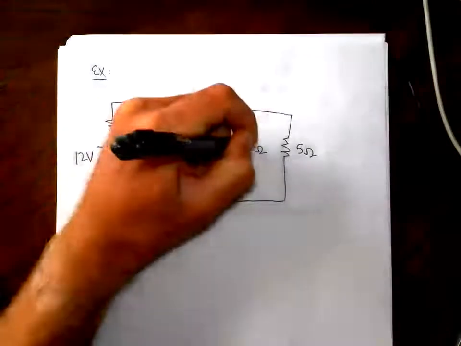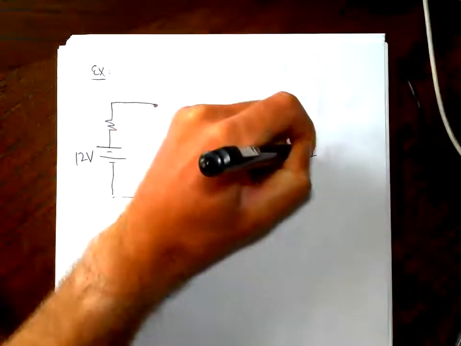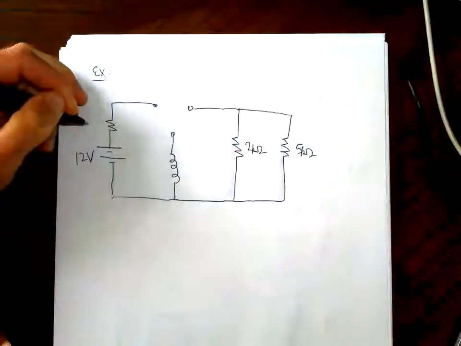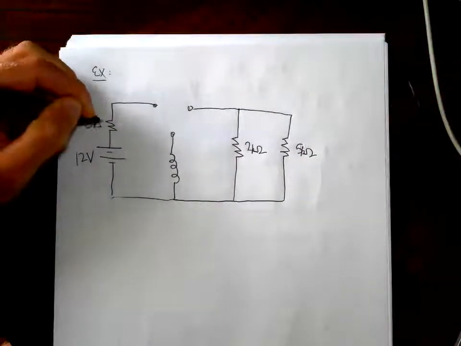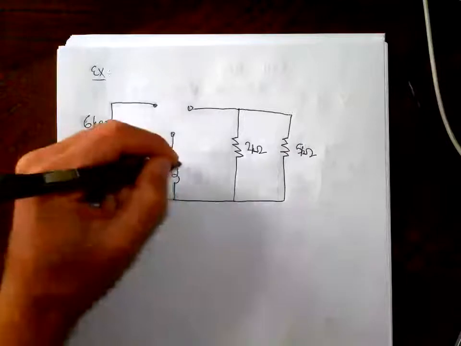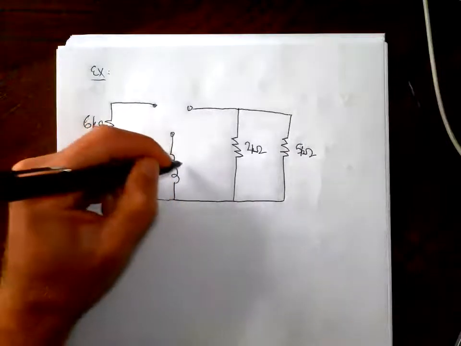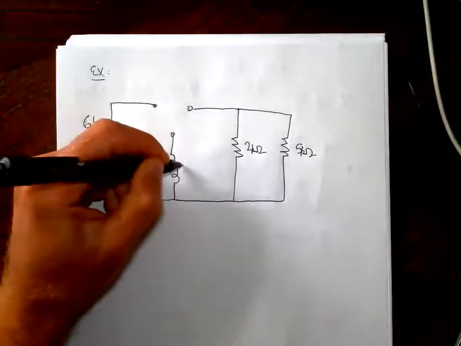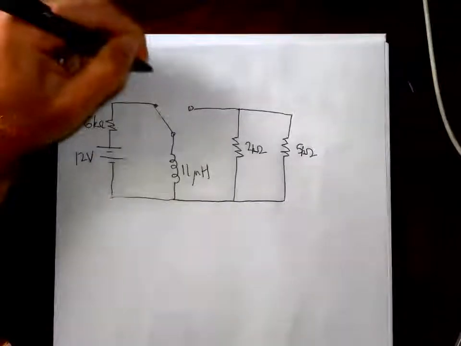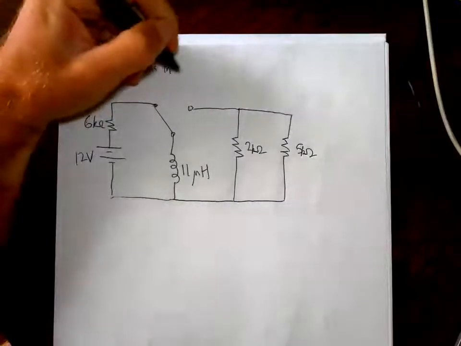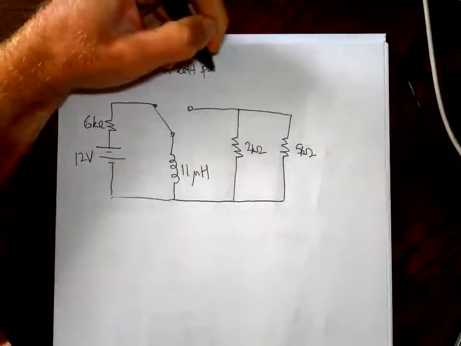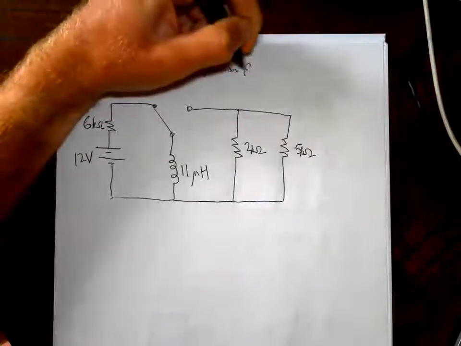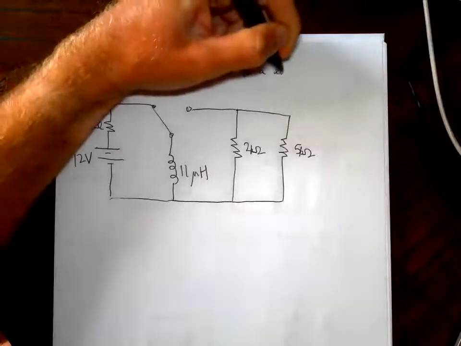Oh, I'm going to make these kilo ohms. Kilo. And let's make this 6 kilo ohms. And let's make this 11 is in the left position for a long time.